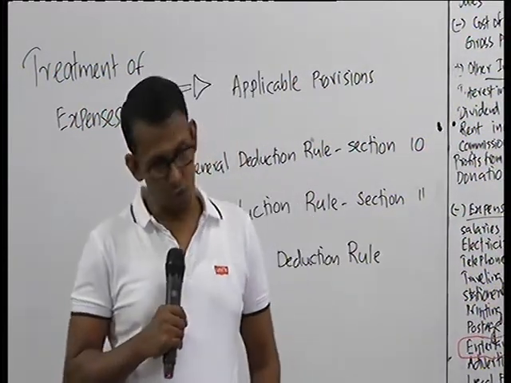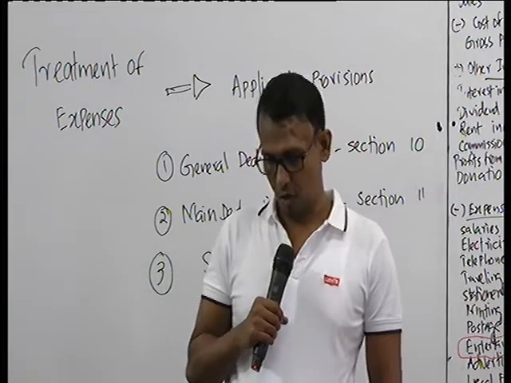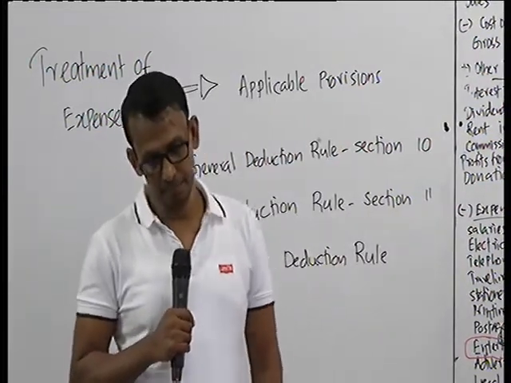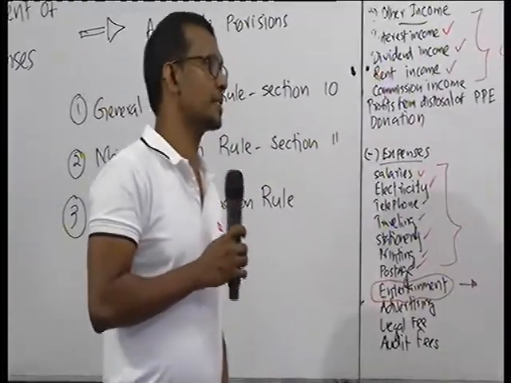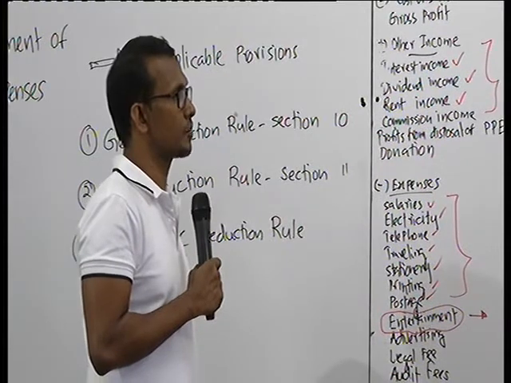First one, domestic expenses. Within brackets you can say personal expenses, private expenses.